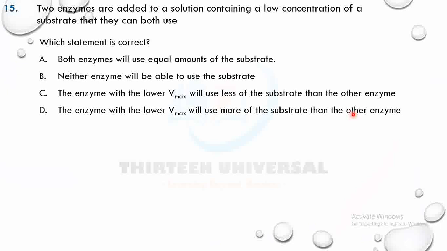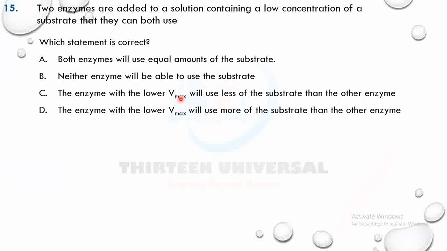Remember that the enzyme with low Vmax more likely has less enzyme affinity. That's why it has low Vmax. If it has less enzyme affinity, it's going to need more substrate to reach its Vmax.